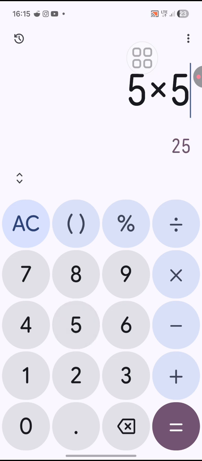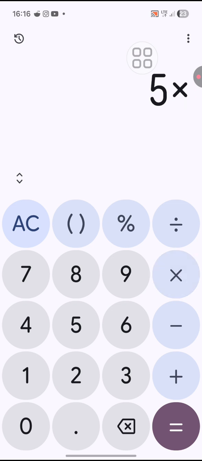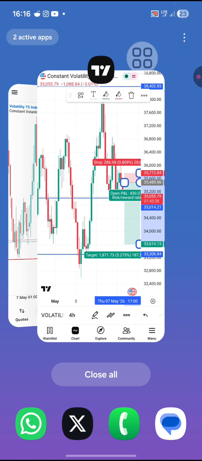So you're still in profit. Even if you win only 4 trades, 25 times 4 is $100, and you risk $5 times 6, 30. You're still in profit. So that's why your reward should be more than your risk.